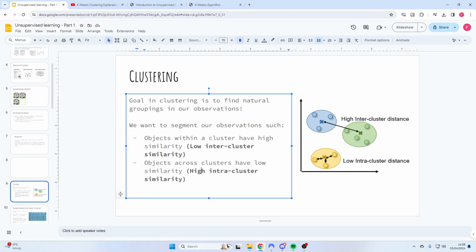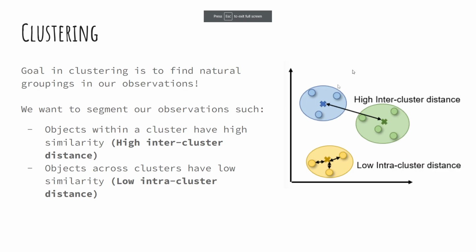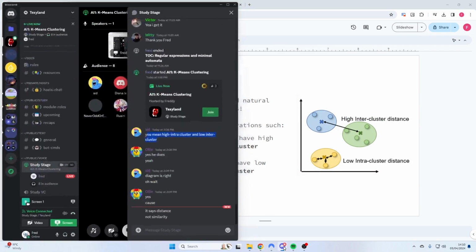Is that not what I wrote originally? High intercluster. Oh, distance. I see what you mean, sorry. Yeah, so high intercluster distance. So the distance is high across the clusters, and within the cluster, the distance is low.